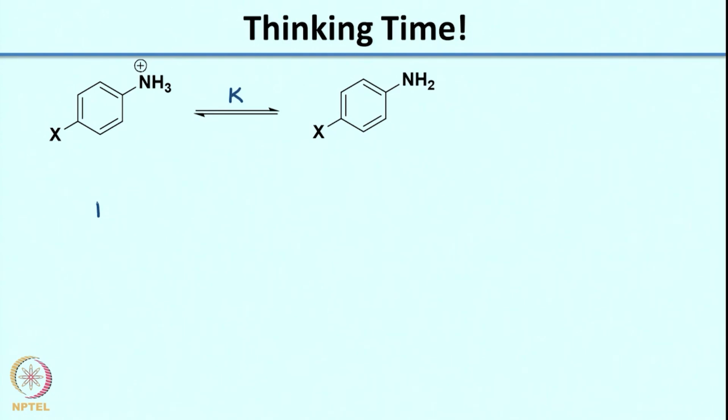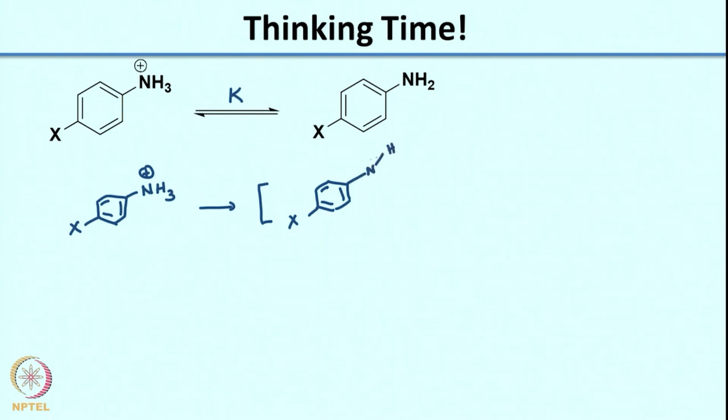But now what you need to think of is, when you look at the reactant, which is protonated, when you go from reactant to your transition state, so if this is the transition state, in the transition state the NH bond is partially broken.